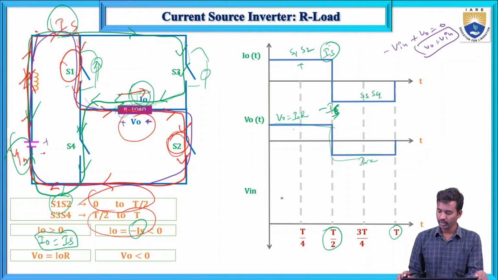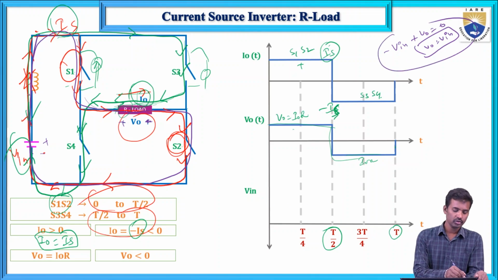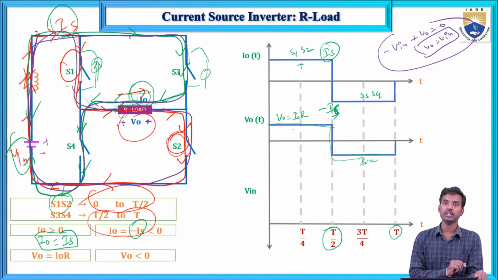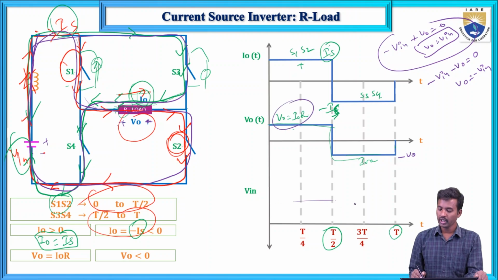It will be like this here. And in the second loop, from here to here, this is minus and this is plus. So minus Vin minus V naught equals 0, so V naught equals minus Vin. So Vin equals minus of V naught.